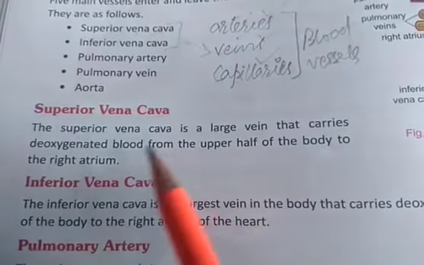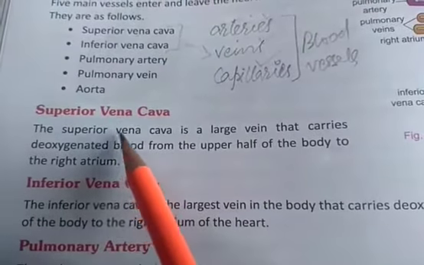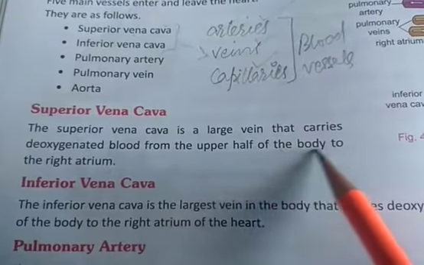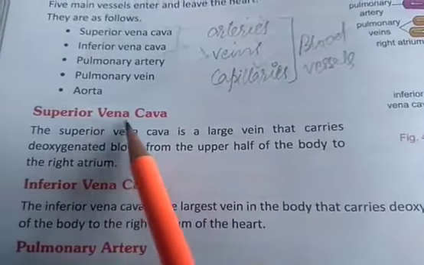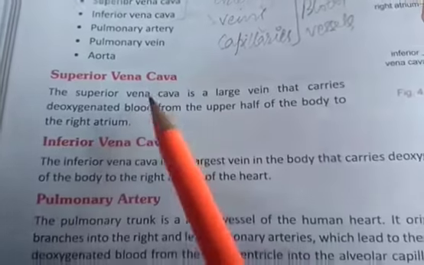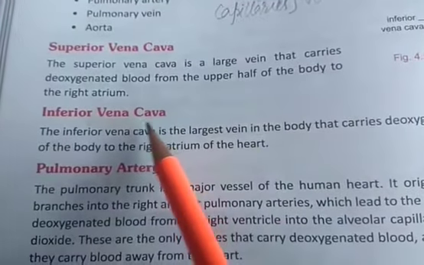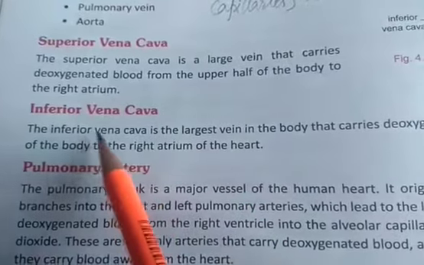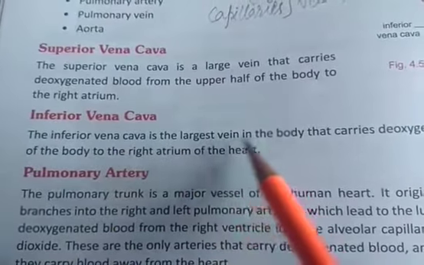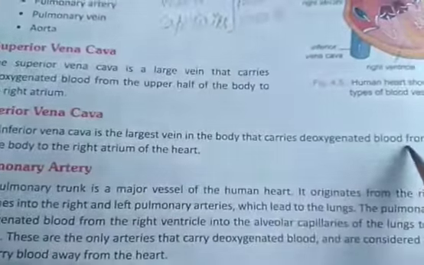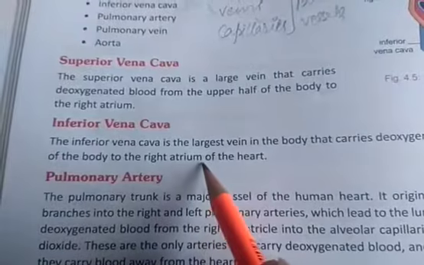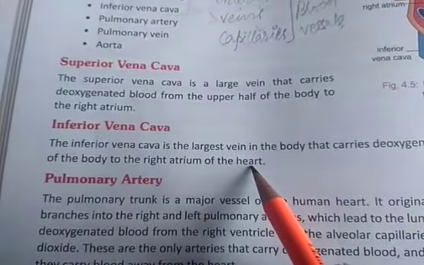Now if the deoxygenated blood is coming from the upper half of the body, it is called the superior vena cava. If the deoxygenated blood is coming from the lower half of the body, it is the inferior vena cava, the largest vein in the body, which carries deoxygenated blood from the lower half of the body to the right atrium of the heart.